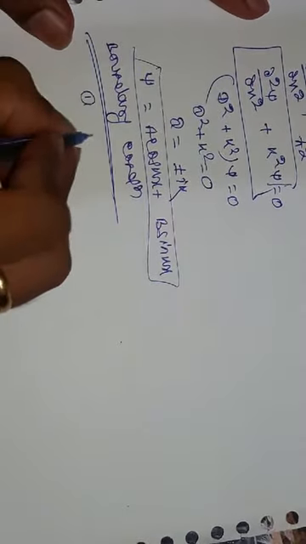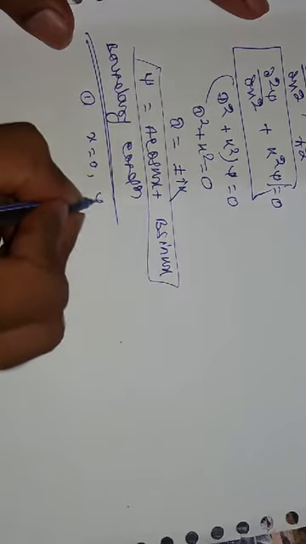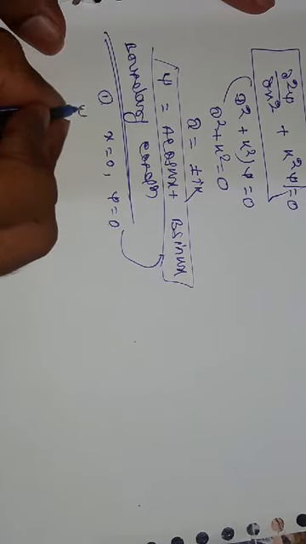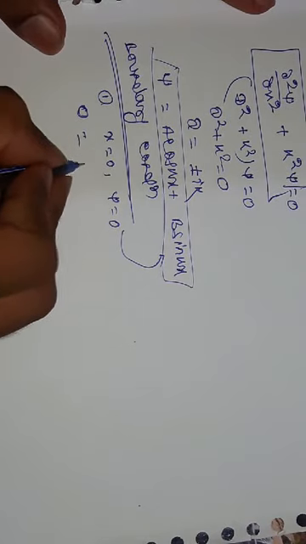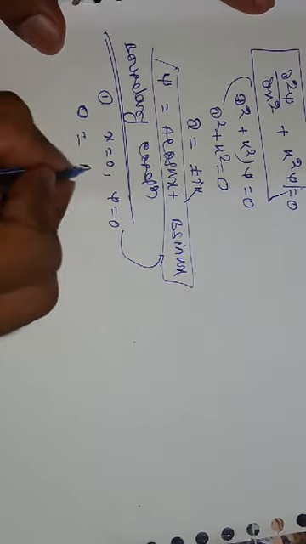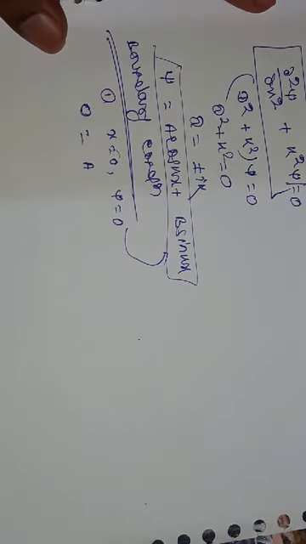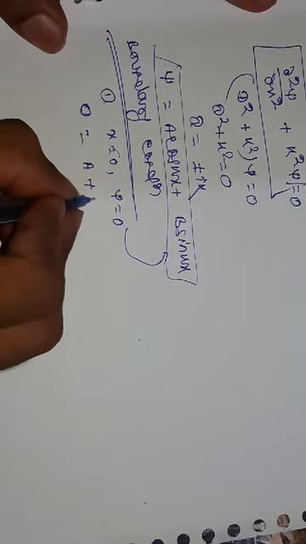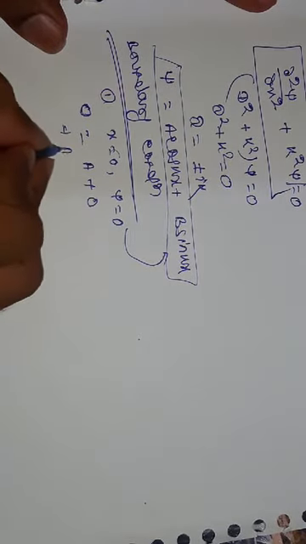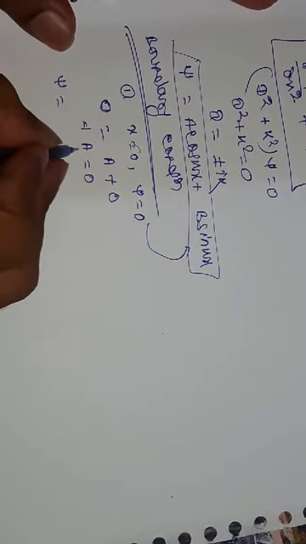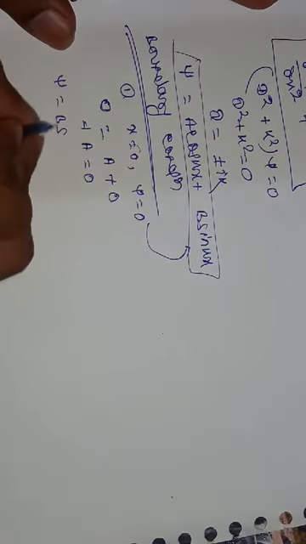The first boundary condition is x is equal to 0, psi is 0. Applying that, 0 is equal to A cos 0 plus B sin 0. Cos 0 is 1 and sin 0 is 0, which implies A is equal to 0, so the equation becomes psi is equal to B sin kx.